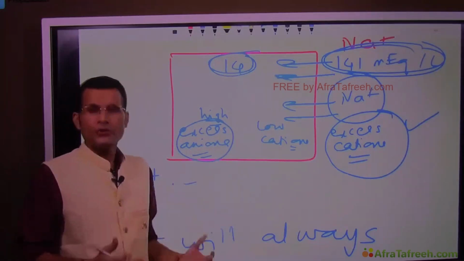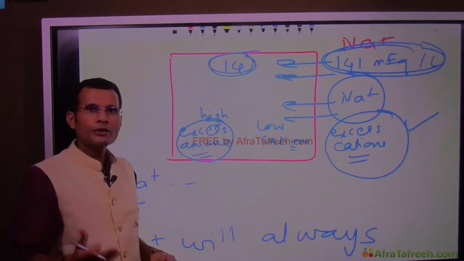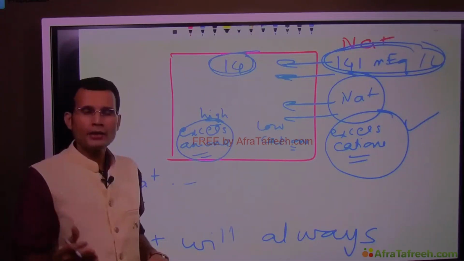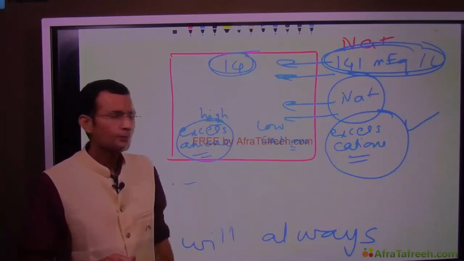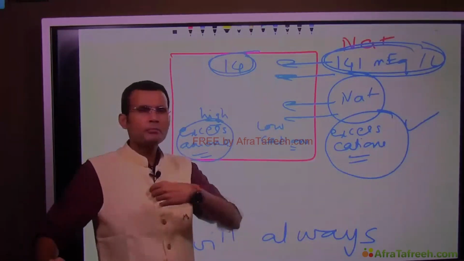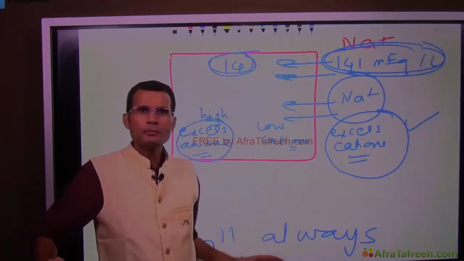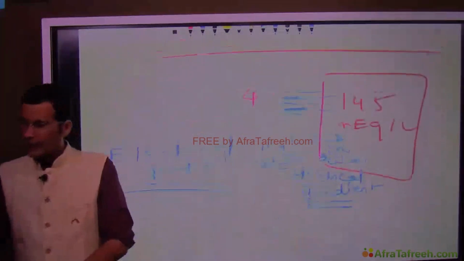And when you say electrical gradient, you are talking about the electrical charges created by all the cations and anions in those particular fluids, okay? So when I say excess cations, I am including sodium, potassium, calcium, magnesium, all of them put together, okay?